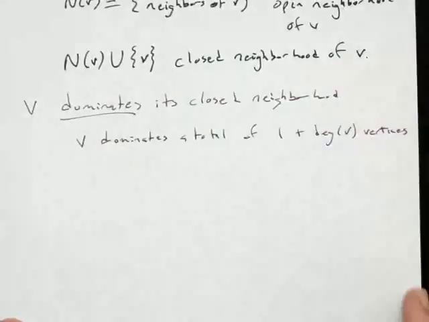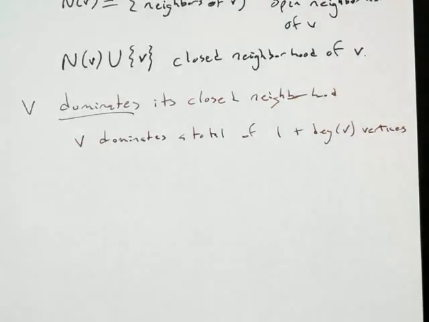All right. So what's a dominating set for a graph?